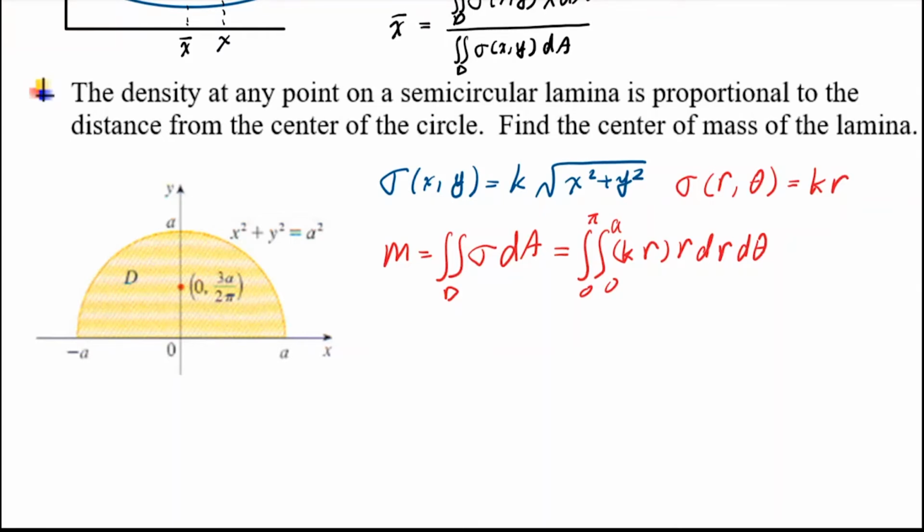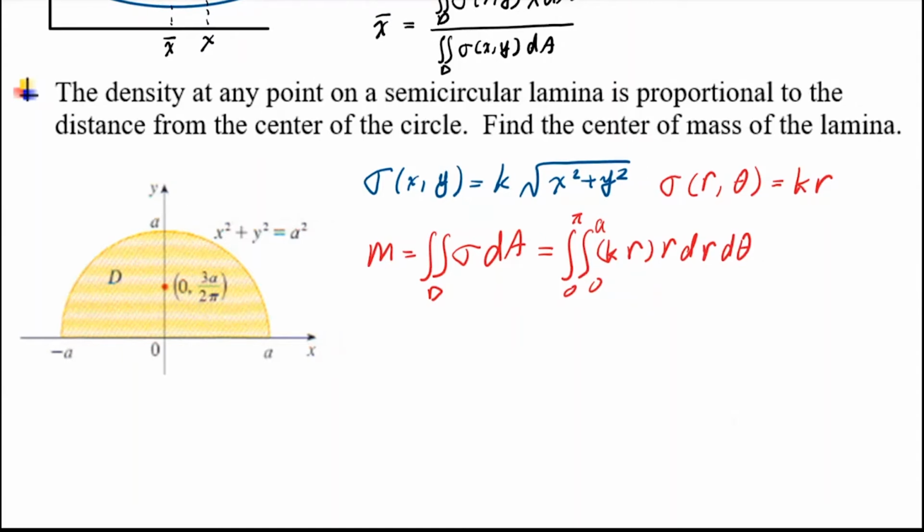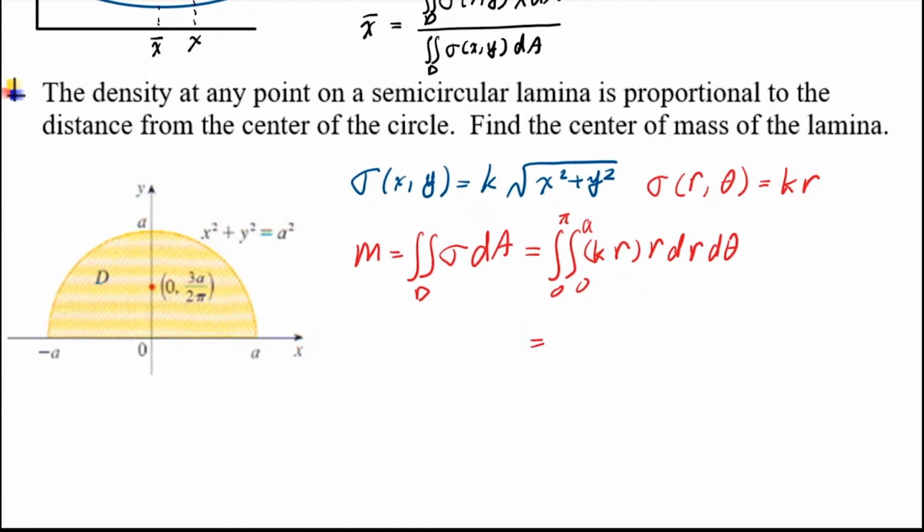Y'all with me? Okay, let's evaluate this. So we have kr cubed, therefore one third, evaluated from 0 to a, and that just becomes k over 3 a cubed.